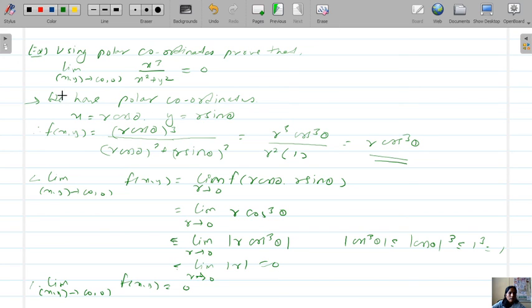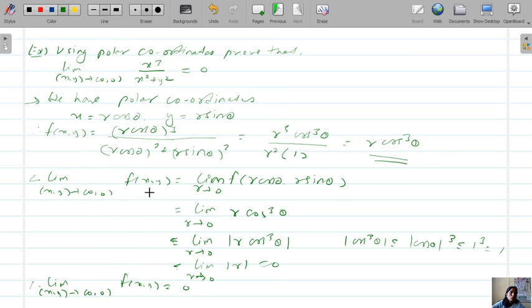So remember polar coordinates: x equal to r cos theta, y equal to r sin theta. Then first, the given function you have to express as f of r cos theta and r sin theta. Wherever x is there, you have to replace x by r cos theta and y by r sin theta. Simplify this and then apply the definition of limit.